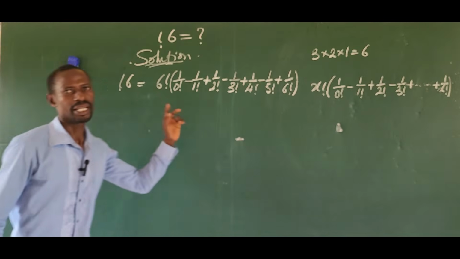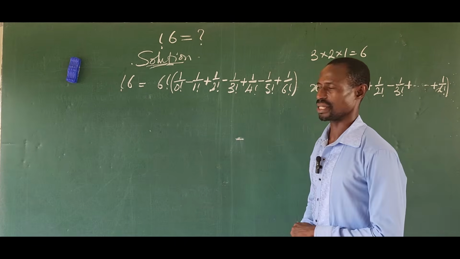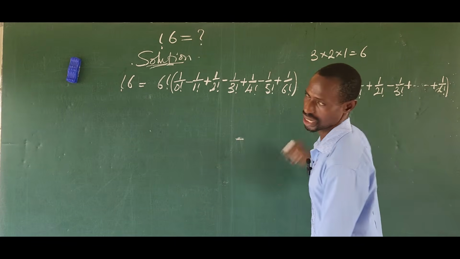Because here we have the subfactorial of 6, we stop at 6, from the expression we had here, right?